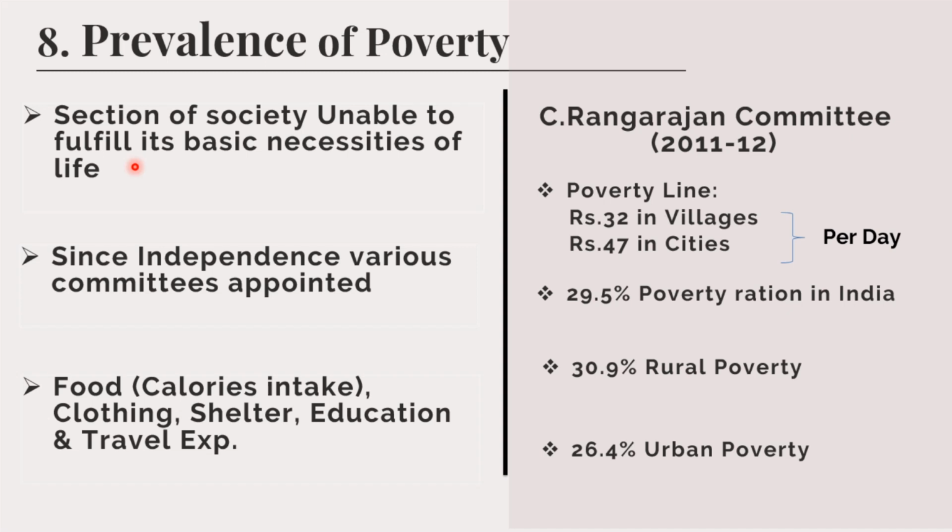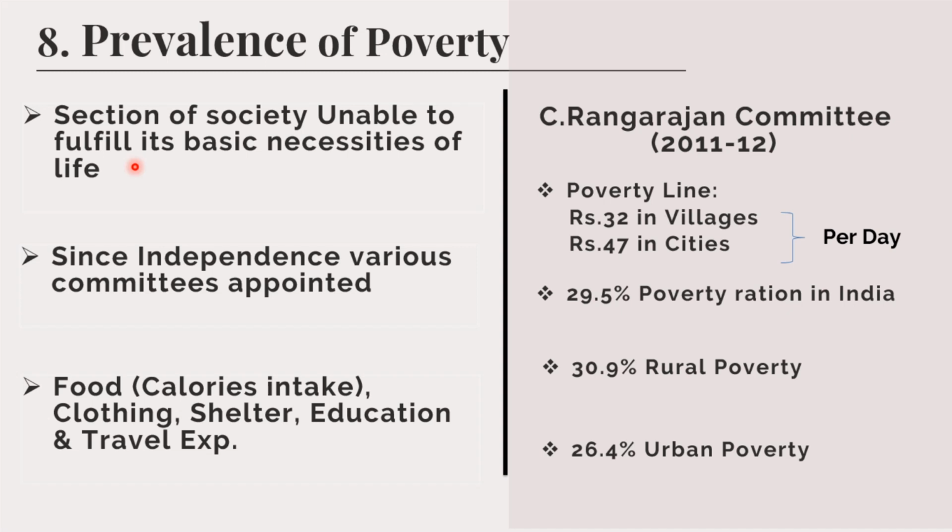In order to measure their access to these facilities, the monthly spending or the monthly income is determined as a criteria for measuring poverty. As per the Tendulkar committee, rupees 27 per day is required in rural area and rupees 33 per day is required in urban area in order to meet these essentials.